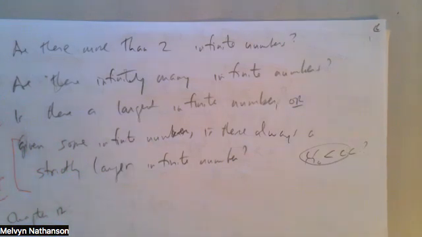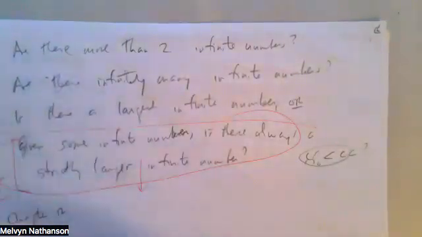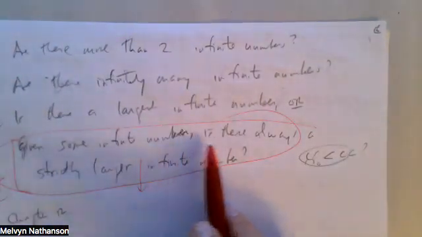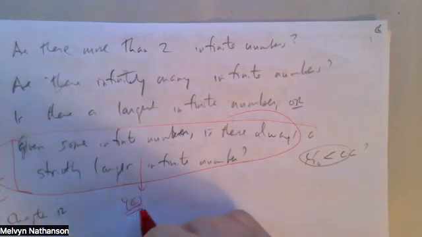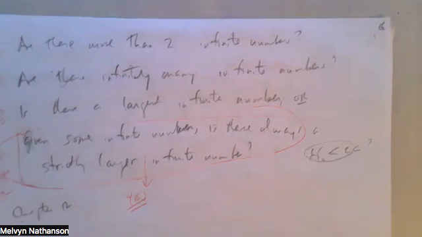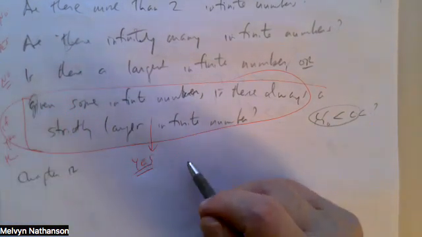So chapter 12 says the answer to this question, given some infinite number, is there always a strictly larger infinite number, is going to be yes. And the way we're going to prove this is as follows.